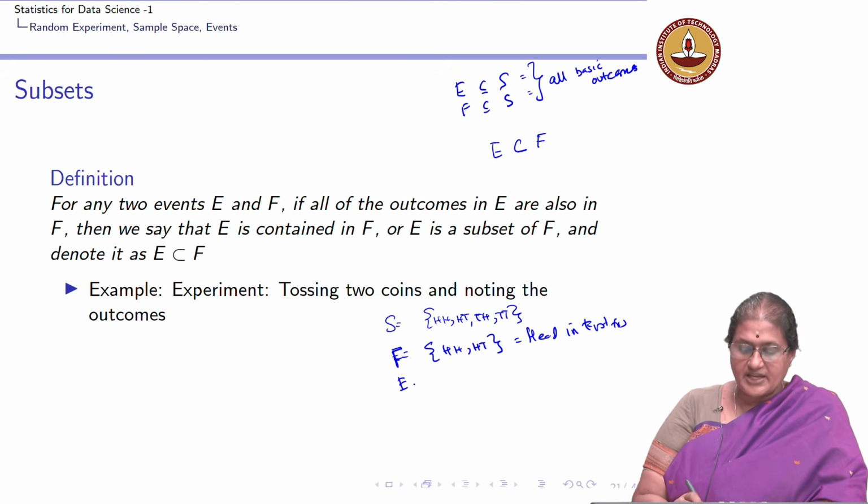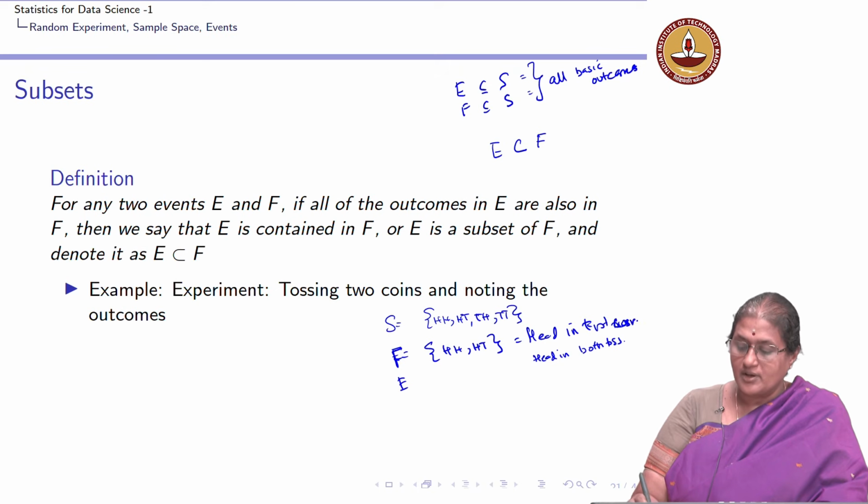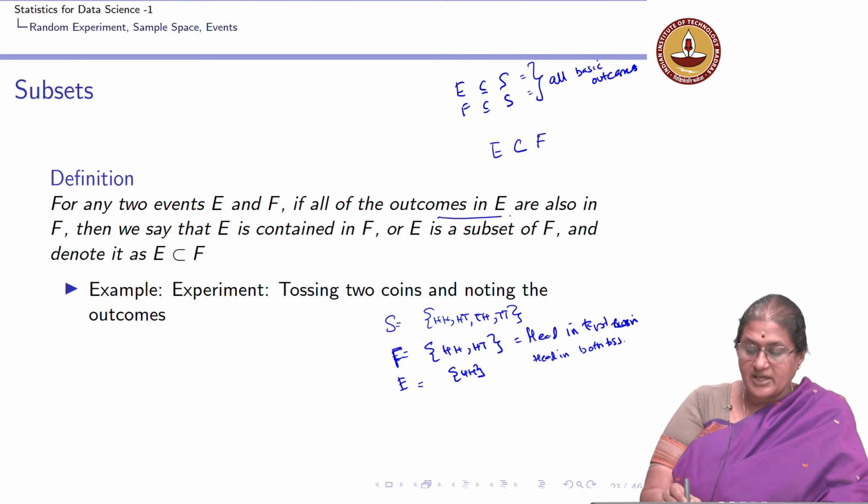Let me define E to be the event head in both tosses. I am tossing two coins, so head in both tosses of the coin. Then I know E is HH. So, the outcomes in E, what is the outcome?